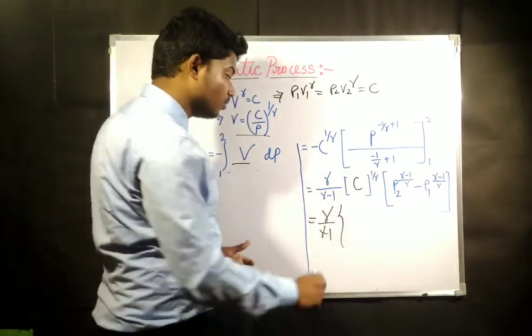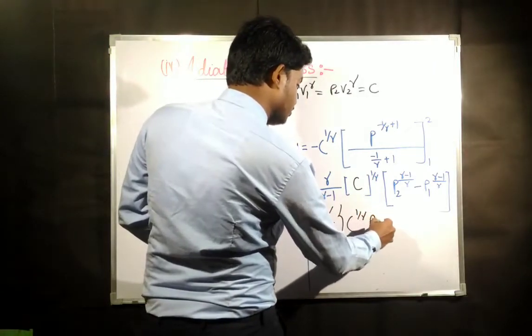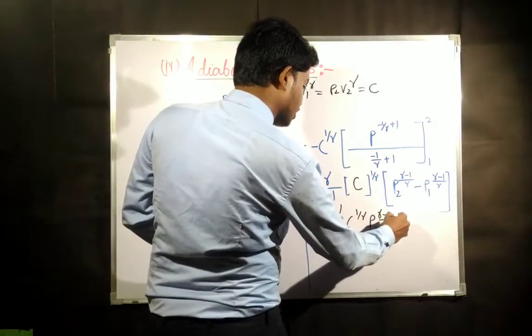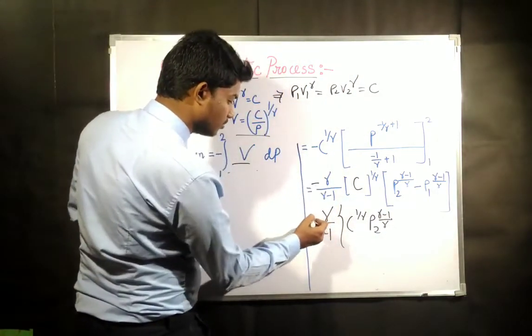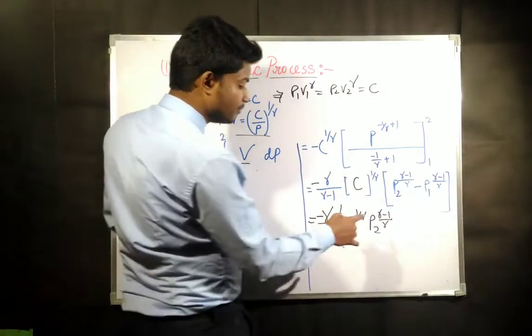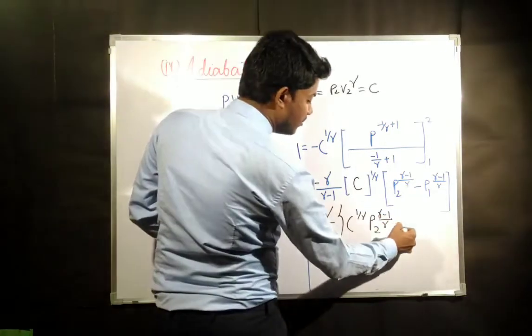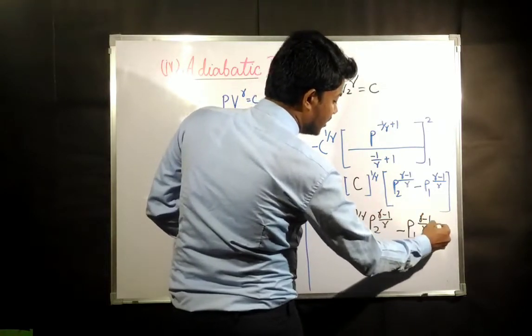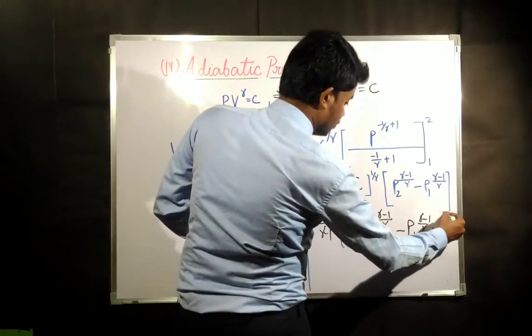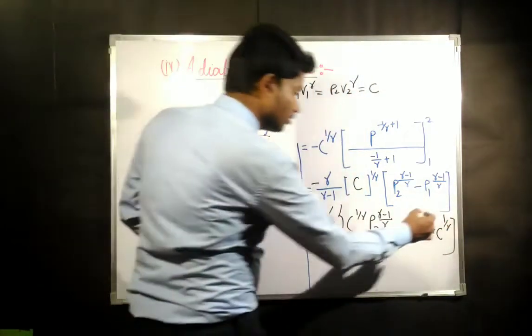C to the power 1 by gamma into P2 to the power gamma minus 1 by gamma. One negative sign is there. So C to the power 1 by gamma into P2 to the power gamma minus 1 by gamma, minus P1 to the power gamma minus 1 by gamma into C to the power 1 by gamma.